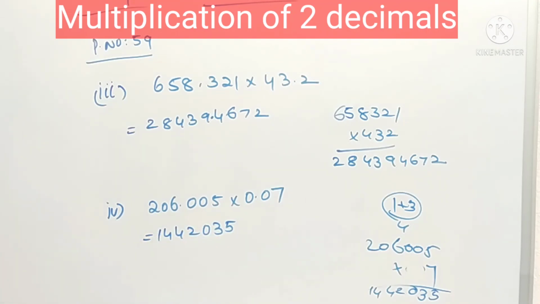So here where we have to keep this decimal point: in this number after 2 and in this number after 3. So after 5 digits from right side we have to keep the decimal point. 1, 2, 3, 4, 5. So this is 40.42035. Okay. So in this way we can multiply two decimal numbers.